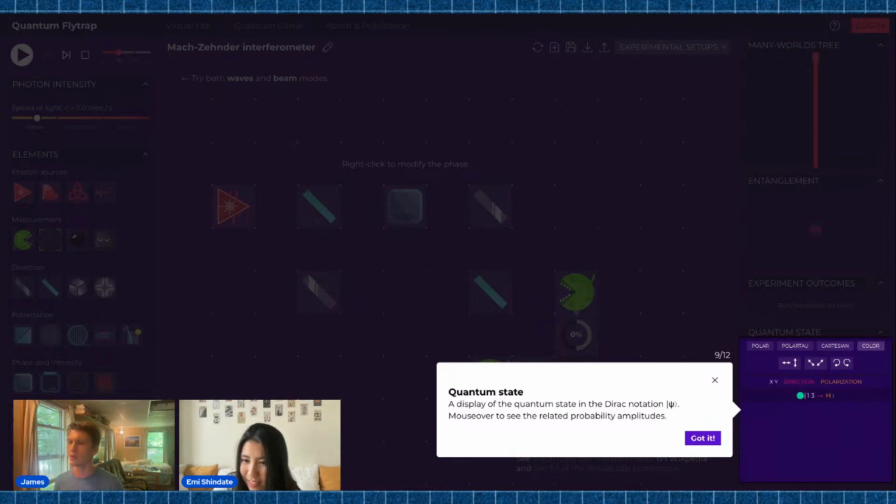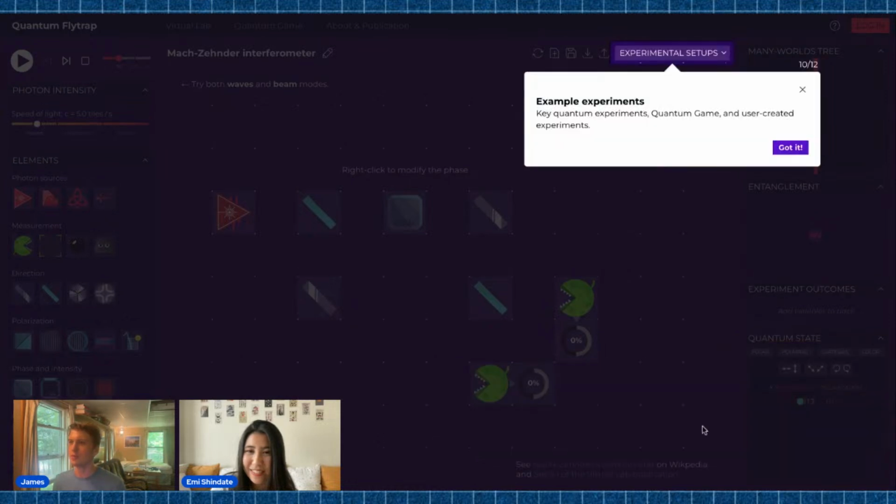Color. Color, what does that mean? Color basically expresses your quantum state, your wave function, as a color. So all I know about the Dirac notation is it's a way to show the superposition of multiple states in brackets. Exactly. It's very handy.